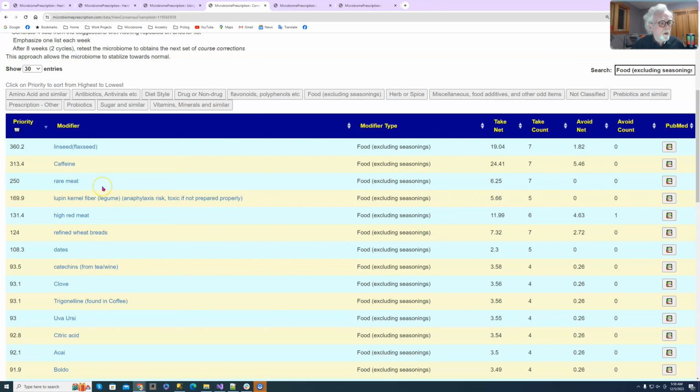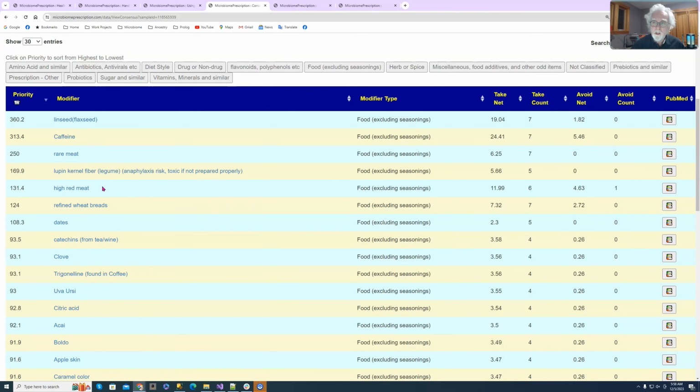Okay, rare meat is a bit of an interesting one, since we are also trying to exclude beef. So again, there's a judgment call. We have contradictory studies in terms of simplicity, and you have to figure that out. All of these are at or below the 200 level, which is my usual cut-off point.